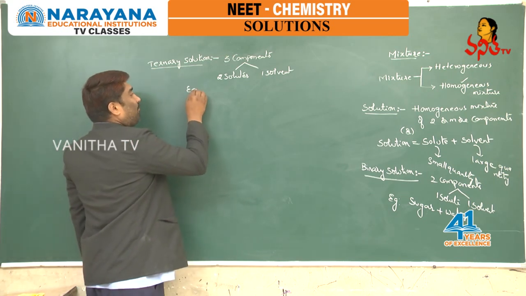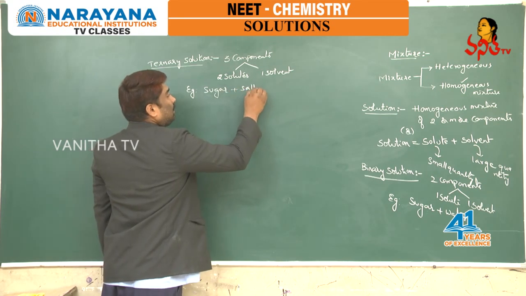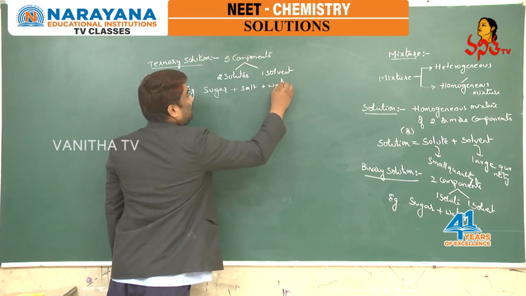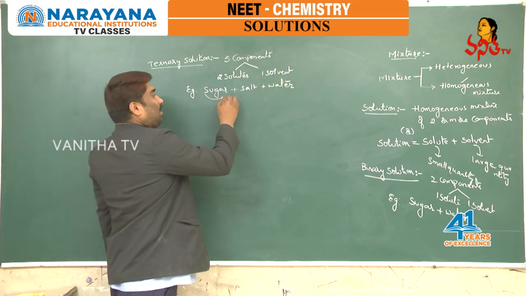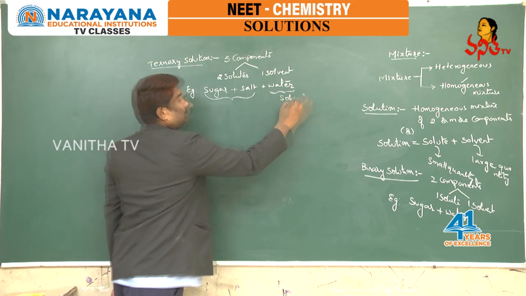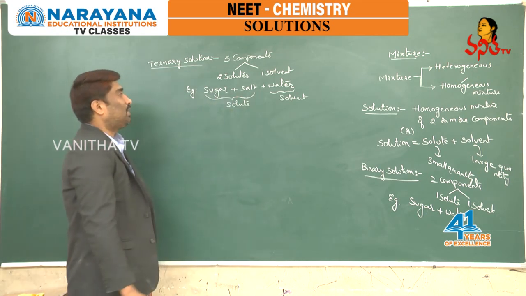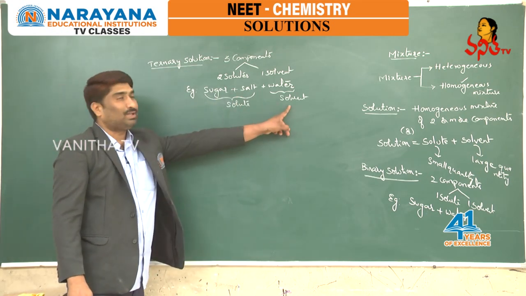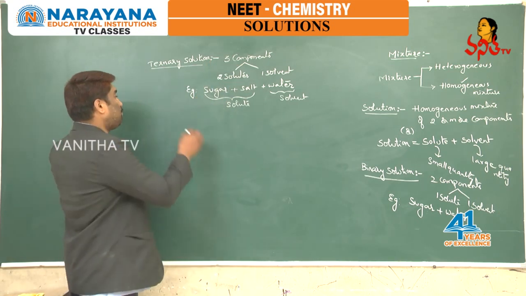An example is sugar plus salt plus water. Here sugar and salt are the solutes, and water is the solvent. The sugar and salt mixture is taken as the solute. It contains three components, hence it is called a ternary solution.